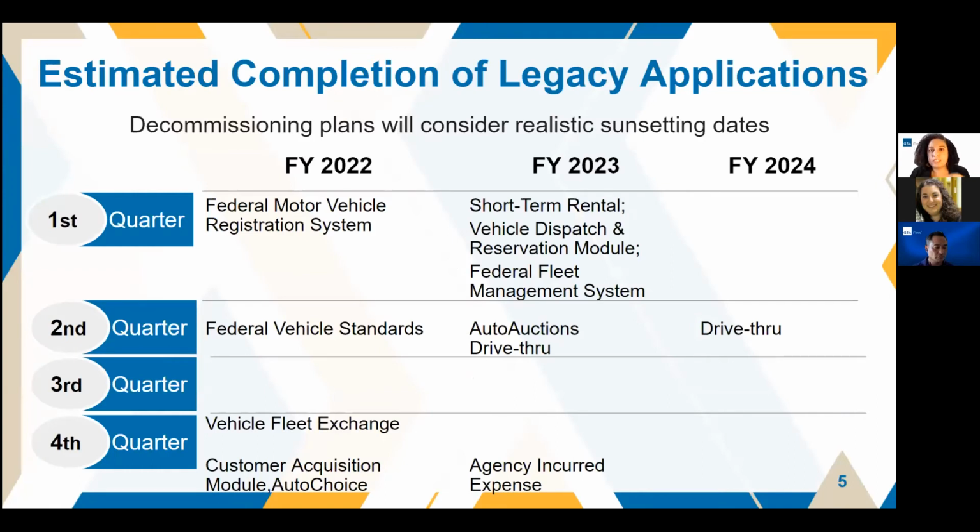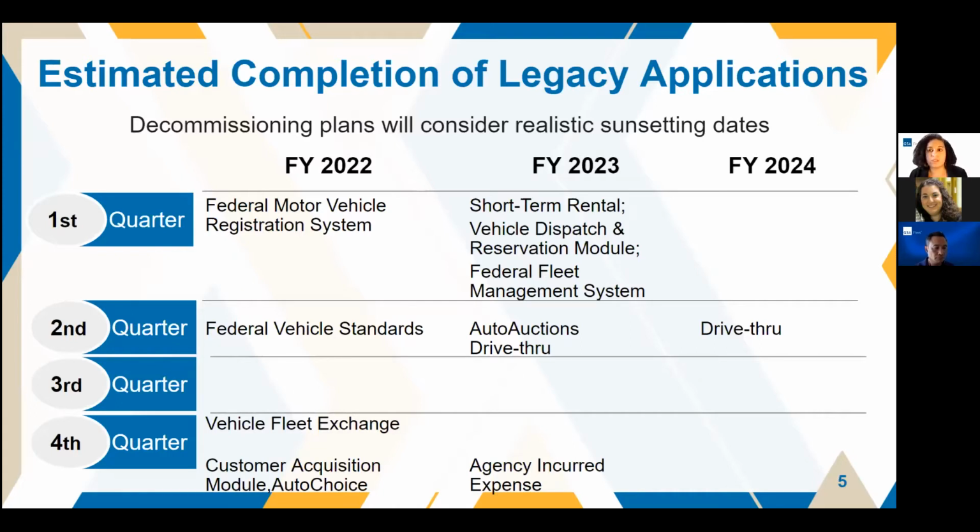Here's our estimated completion timeline of the legacy products. We'll be working on it piece by piece and releasing it piece by piece. Our decommissioning plans are going to be taking into consideration realistic sunsetting dates, and everything will be in a process with lots of support.